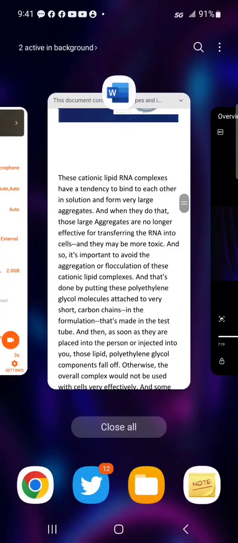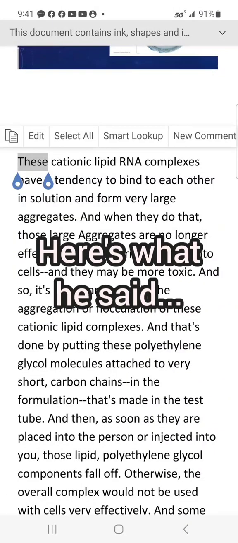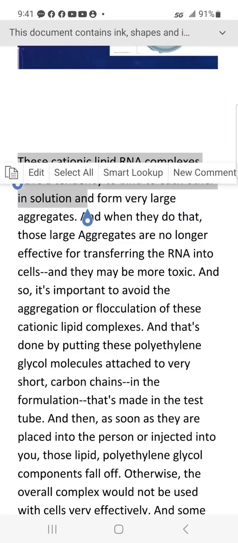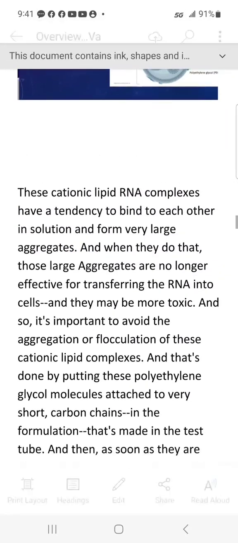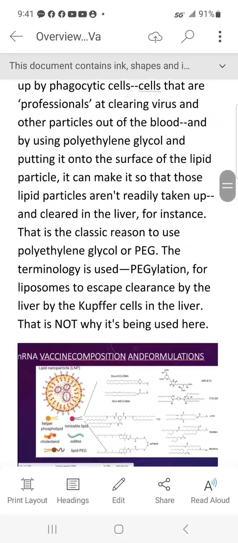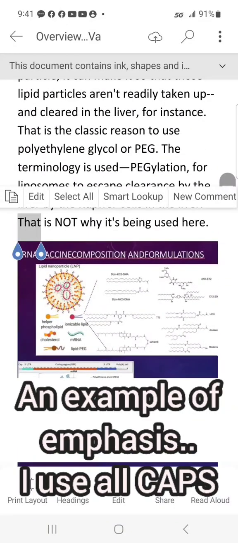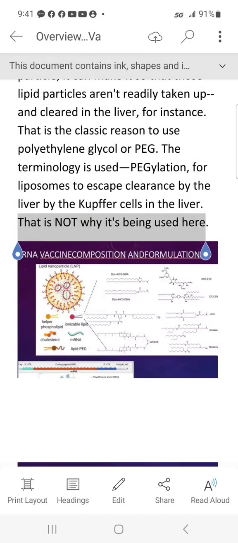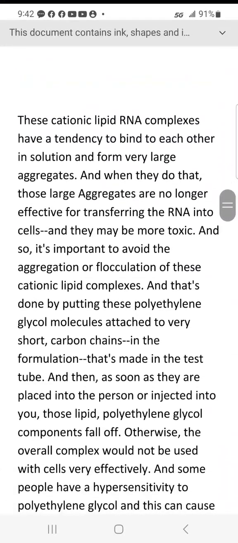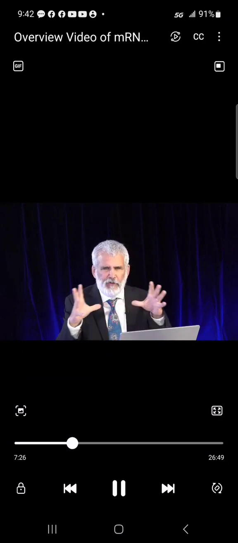These cationic lipid RNA complexes have a tendency to bind to each other in solution and form very large aggregates.